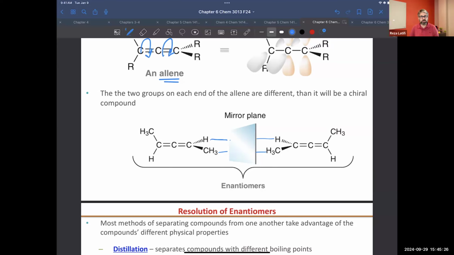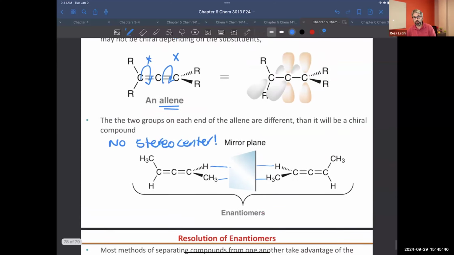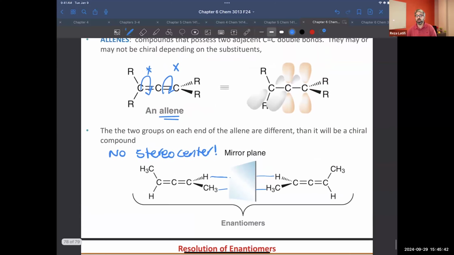Do I have a stereocenter? No, no stereocenter. So is it possible to call it chiral without having a stereocenter? Yes. This molecule, like the previous one, again, we don't have a stereocenter, but because of the two double bonds, the system will be stuck or locked in a specific position.